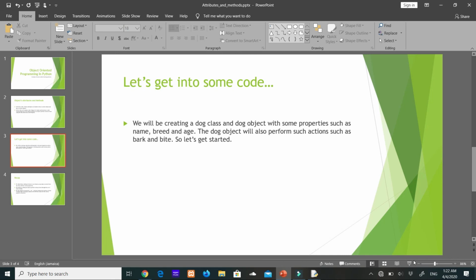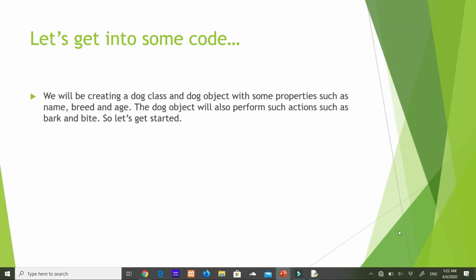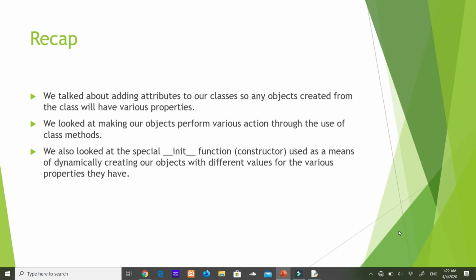Alright, so recap. We talked about adding attributes to our classes, so any object created from the class will have various properties, right? We looked at making our objects perform various actions through the use of class methods, or basically function definitions within the class. So function definitions within the class are known as class methods.